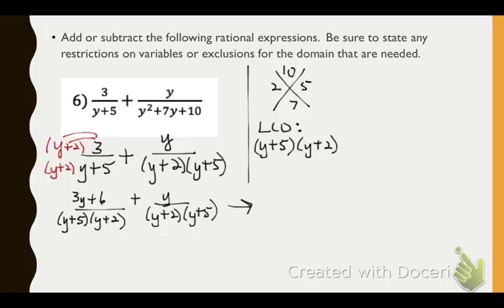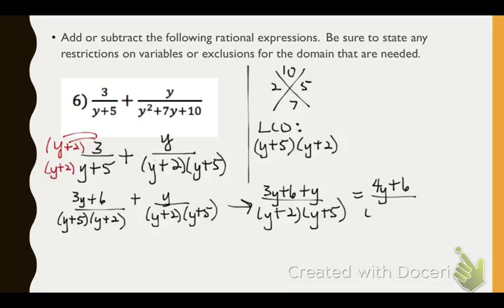So I'm going to take my numerator on the left and add it to my numerator on the right. And that is going to be over my common denominator. So then that will give me 4y plus 6 over y plus 2 times y plus 5.